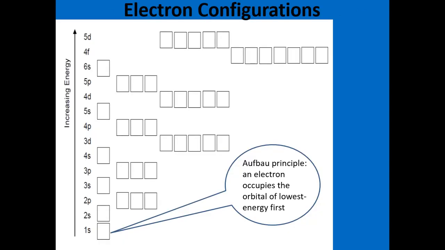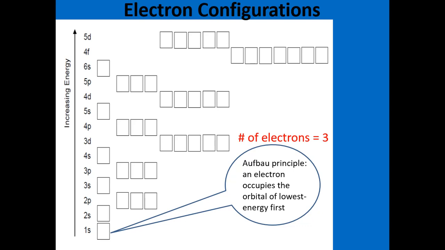So, walking you through some examples now. You have lithium with 3 electrons, and the way you find the number of electrons is you look on the periodic table for lithium, and you notice that its atomic number is 3.